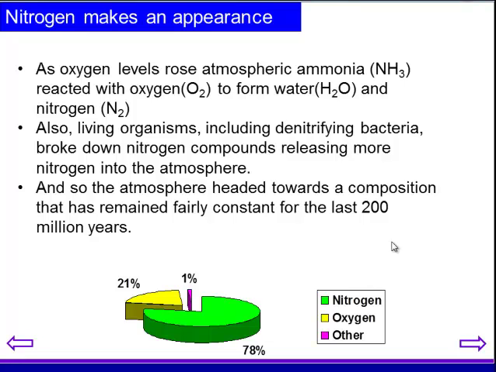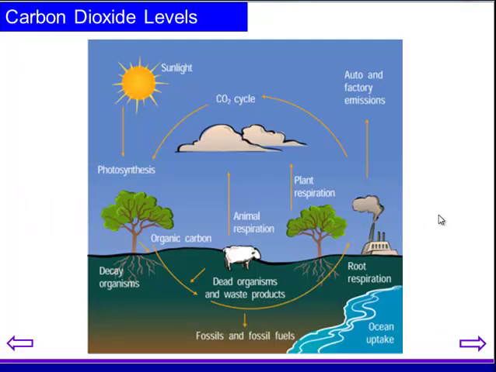Now, that initial carbon dioxide, which helped increase the temperature of planet Earth in the first place, is a greenhouse gas, and we're going to talk about what that means in a moment. The levels of carbon dioxide were actually quite small. They are part of that other 1%. And what happened is there was a carbon dioxide cycle, and this went round and round. Photosynthesis absorbed carbon dioxide, releasing oxygen.